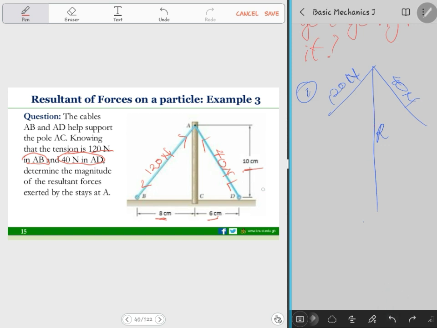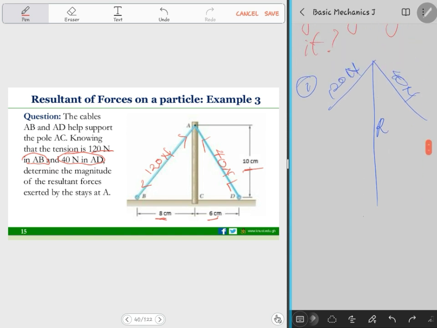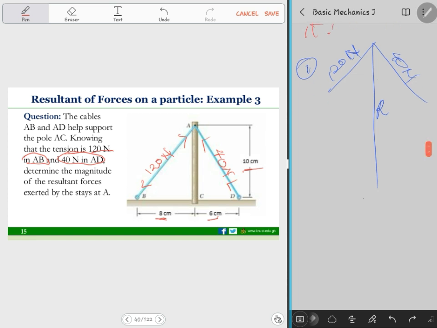Okay, so if this is the resultant and they've given us these sides, looking at this diagram again, this is just to help us understand. We can divide it somehow to get two triangles. So it could be something like this, where we have this 120 here, and then a side, and then there's the R, and then we have a side here.